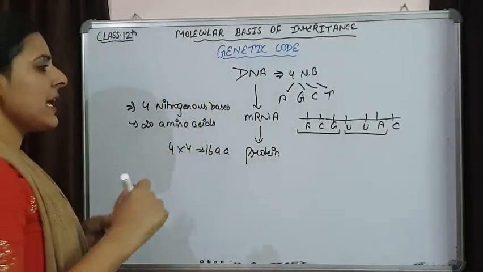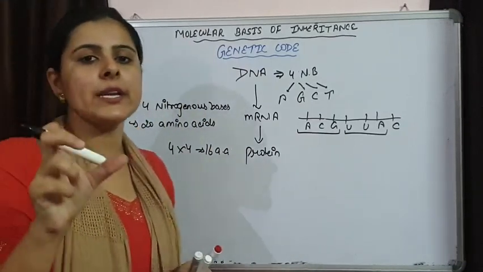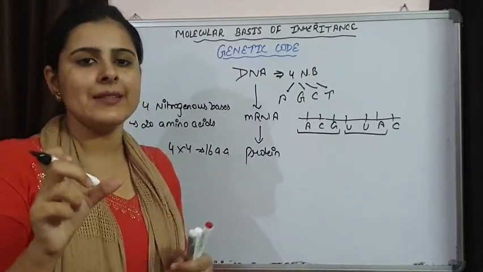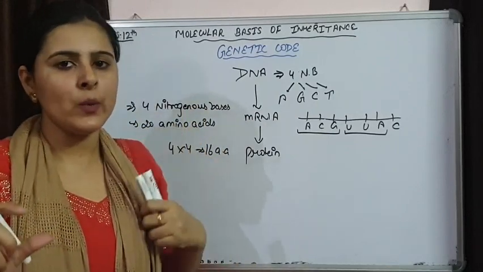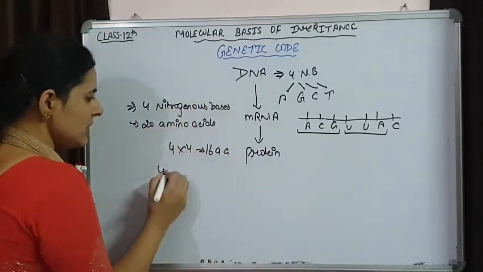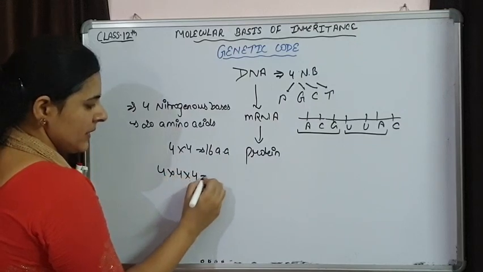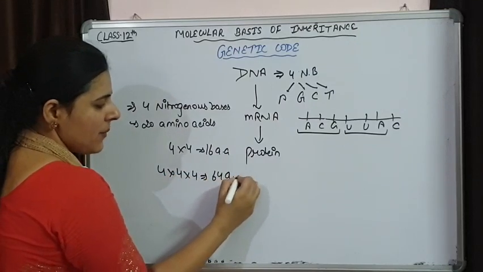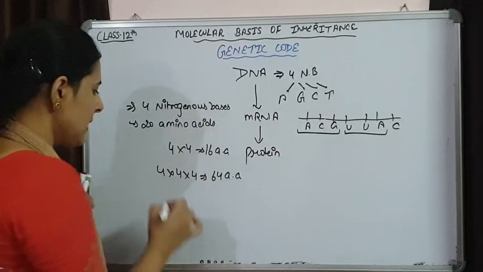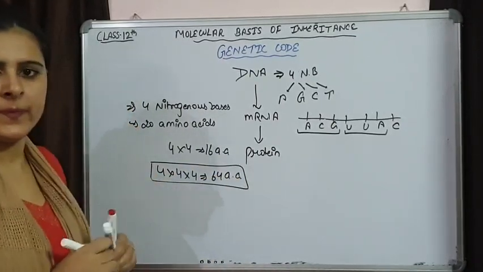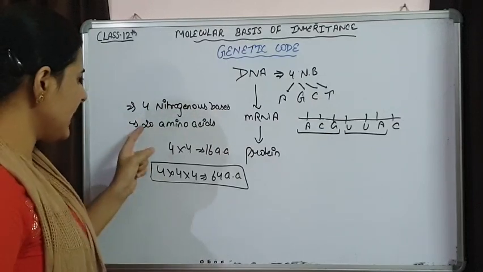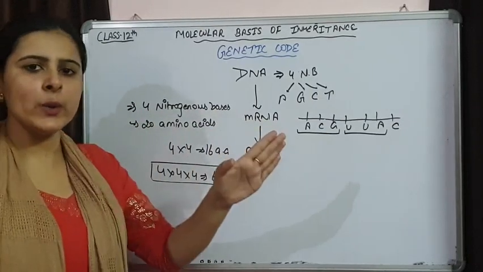And if we say a triplet, a group of 3 nitrogenous bases, is going to code for 1 amino acid, then we get 64 combinations. This situation is going to fit, because we are getting more than 20.